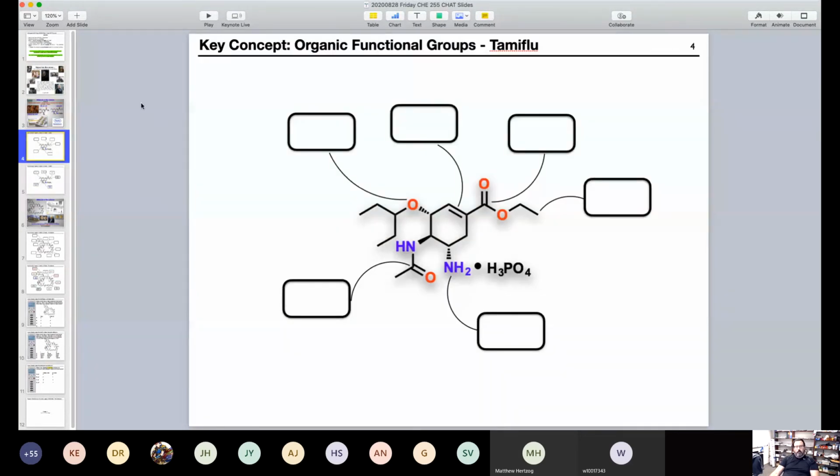So here's the slide that was uploaded into Canvas as a PDF. What I want to do is spend some time, if you can download that file, either have it open or print it out. Let's go through and identify in these boxes what functional groups these arrows are pointing to.